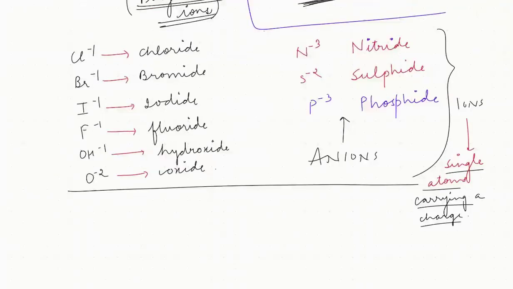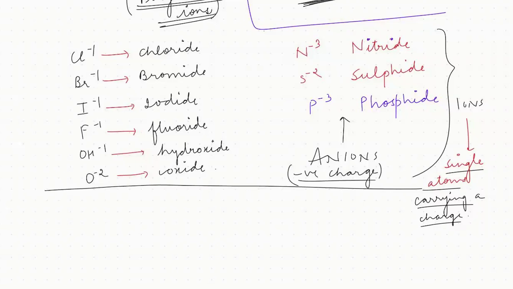And anions would mean ions carrying negative charge. So do all ions carry negative charge? No, right? A few carry positive charge. If they carry positive charge, they would be called cations. Cations and anions.